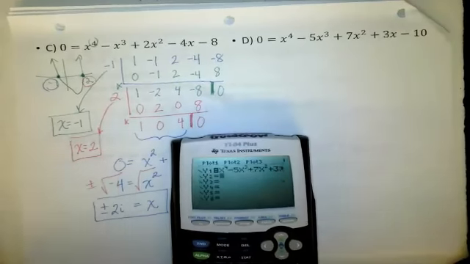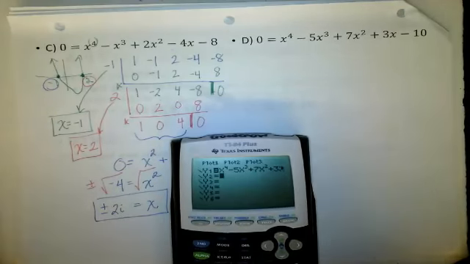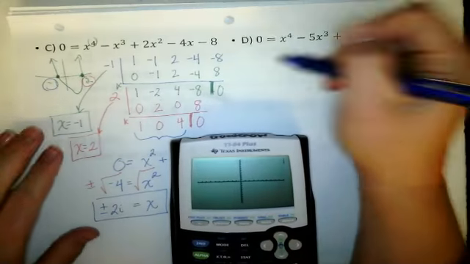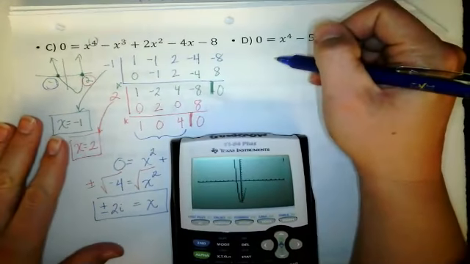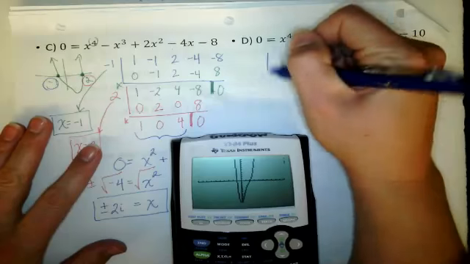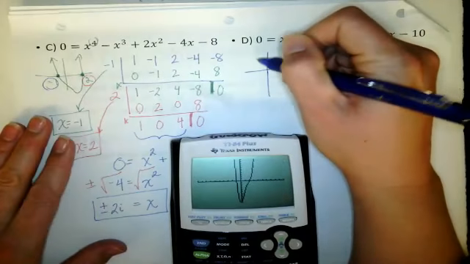Plugging that all in. What shape are you expecting to see? That's parabola. Parabola-ish. Ooh, it's true. Yeah, it's a trippy parabola again.